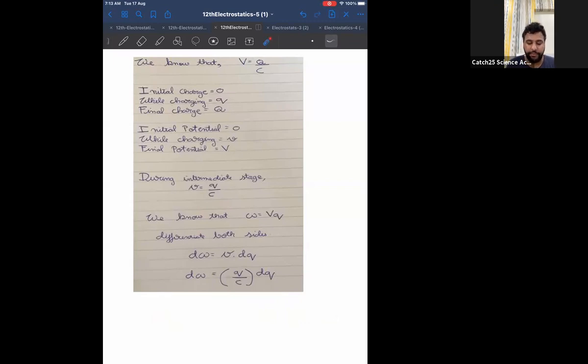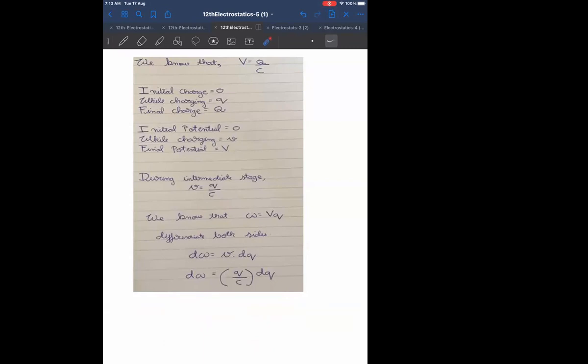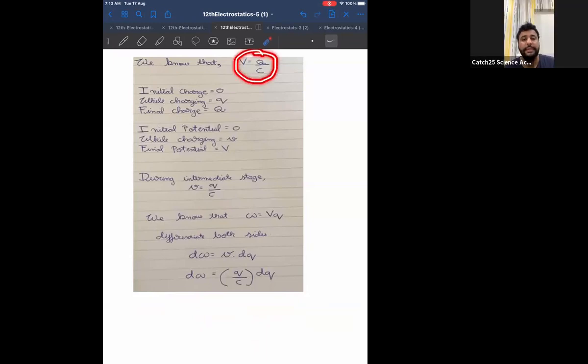Therefore, if capital V is the final potential, meaning 100% charged, then small letter v is the potential while charging. Capital Q is the final charge, and small letter q is the charge while it is still charging. You know that V is equal to Q by C, but this is the final formula, meaning complete potential, complete charge, complete capacitance.